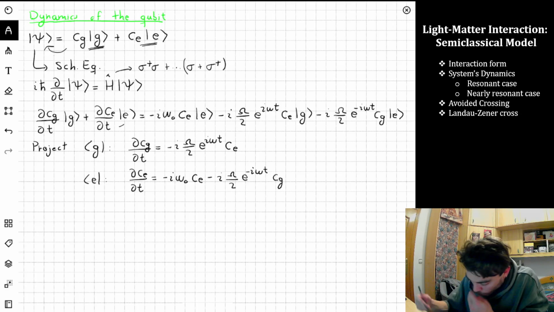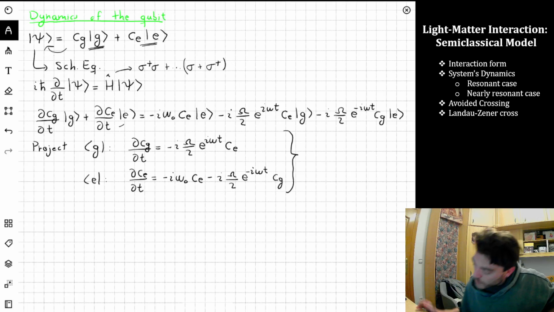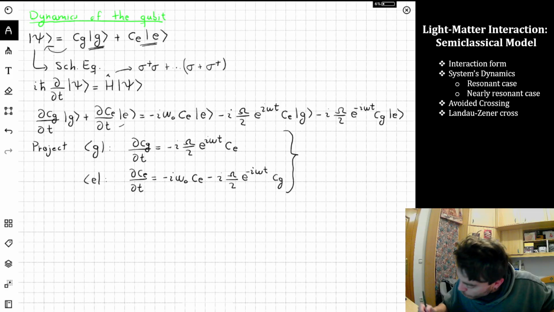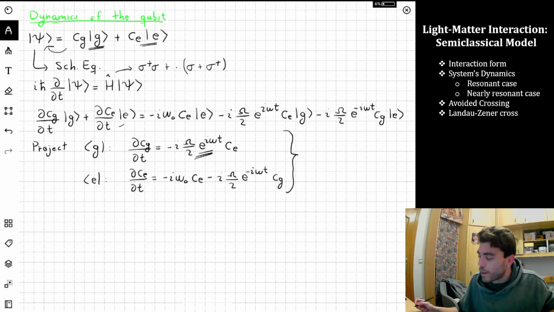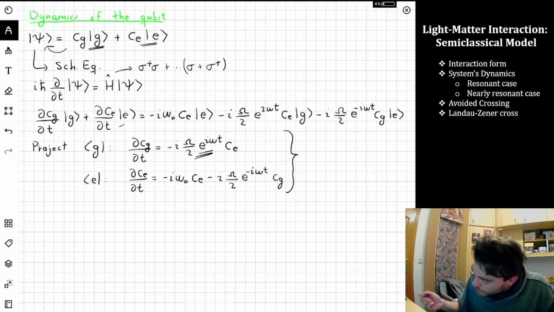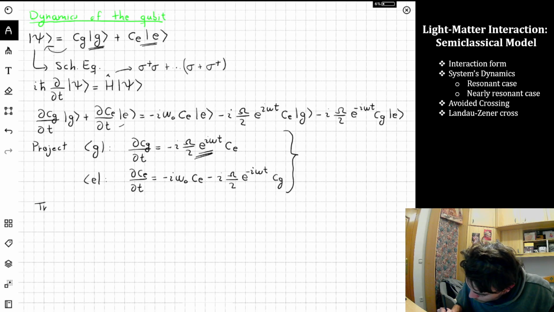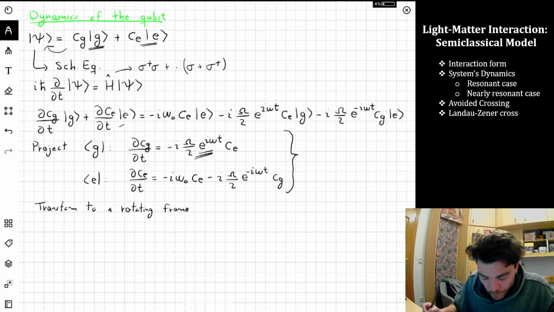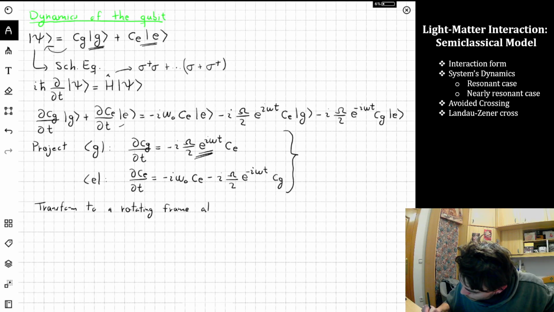And now we get two equations, but these are the two equations for the two coefficients that we are interested in. Now these two equations are a bit hard to solve as they are right now because of these fast oscillating terms. It would be very nice to remove them. And this can be done by a simple change of variables. So one transforms to a rotating frame at omega.